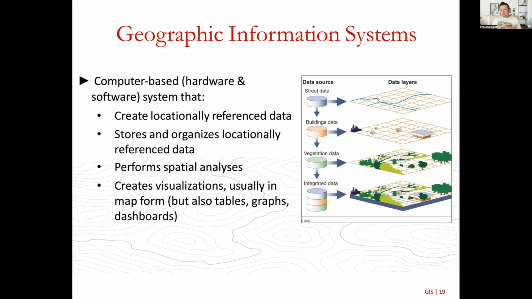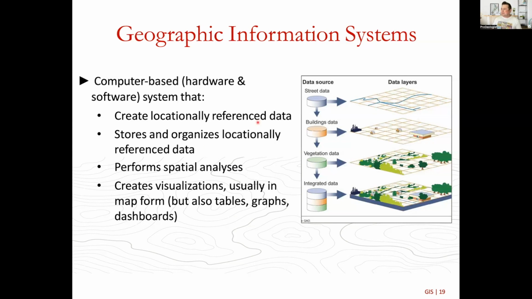We can also perform such spatial analyses within a GIS as a system. We can create visualizations, and usually those visualizations come out in map form. That's not always the case, though. This could include tables, graphs, and especially in the last couple of years, even dashboards to help run real-life analytics.